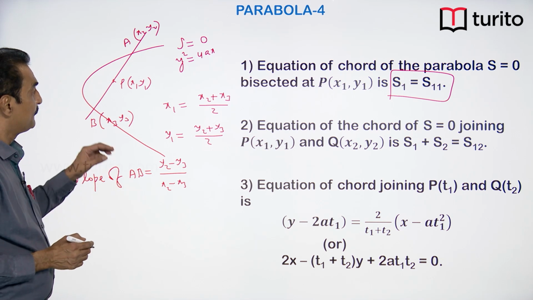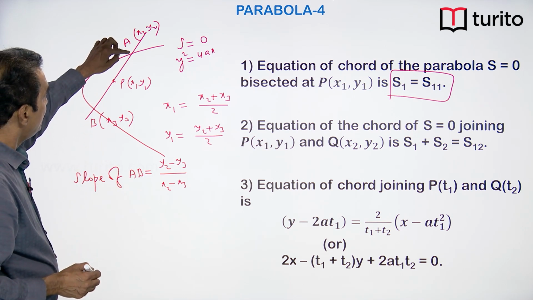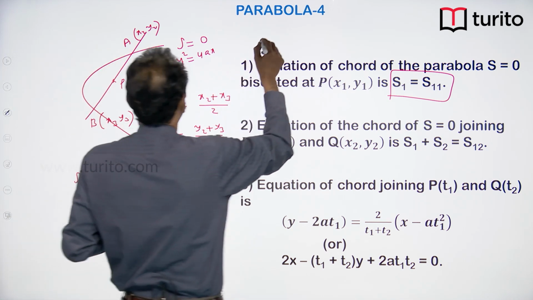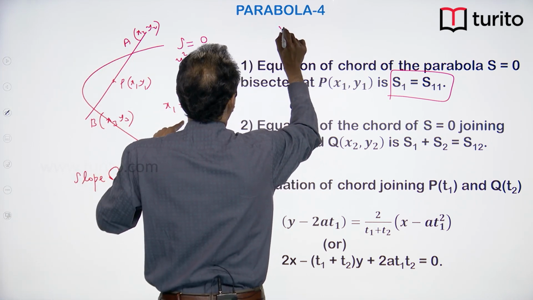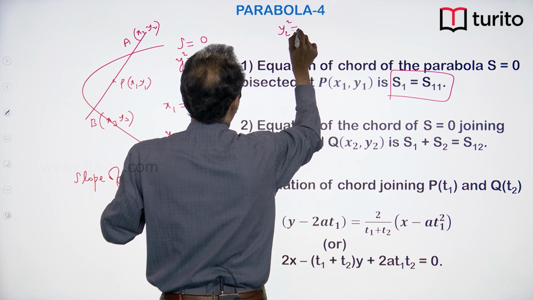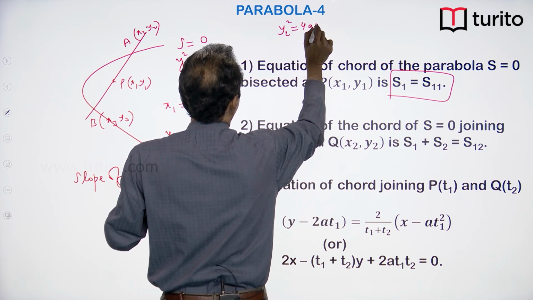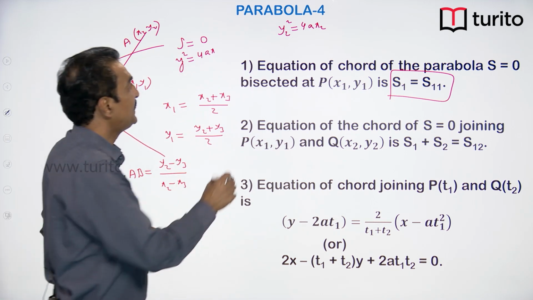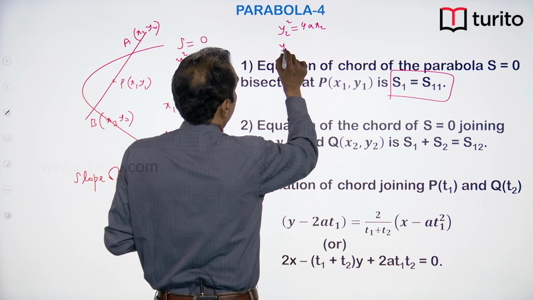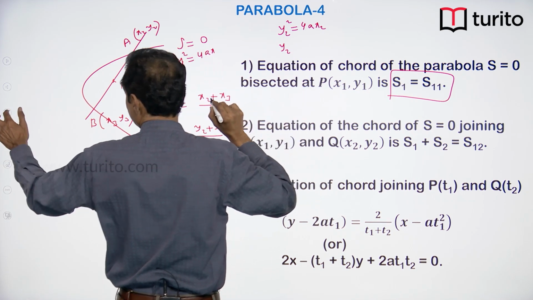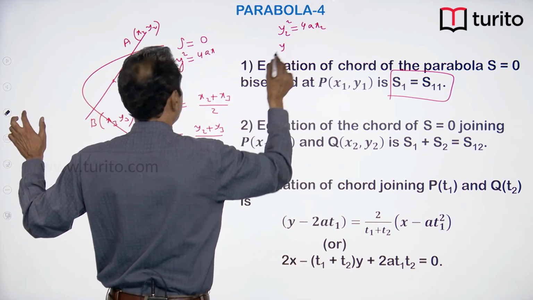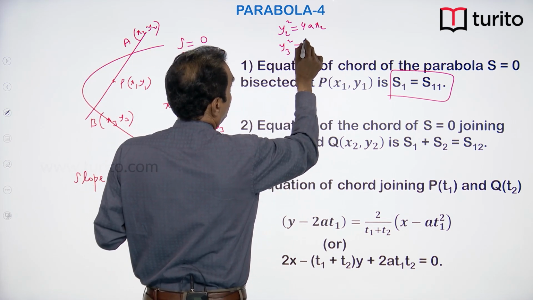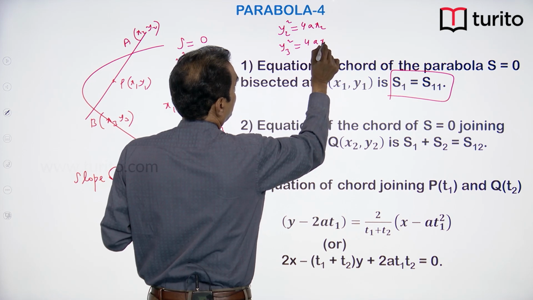For that, if A and B lie on this parabola, substituting A, we get y2^2 = 4a x2. Substituting B in the equation, y3^2 = 4a x3.